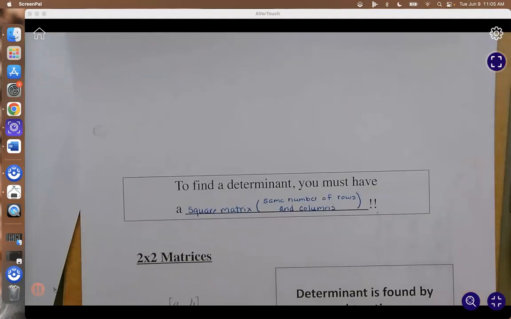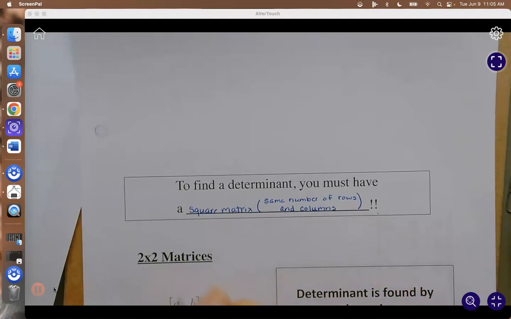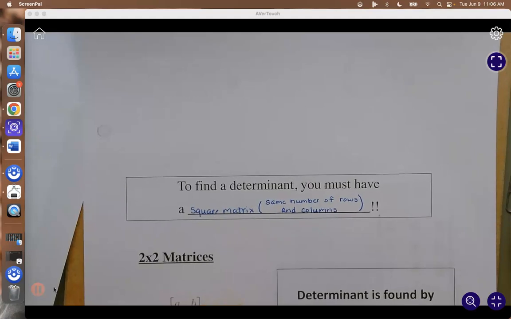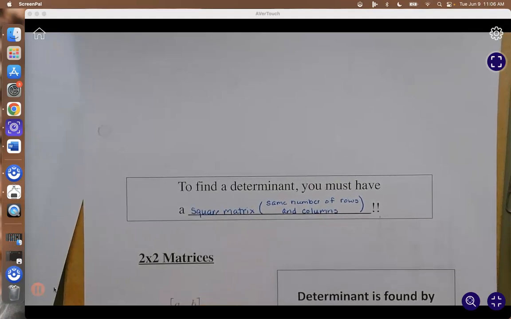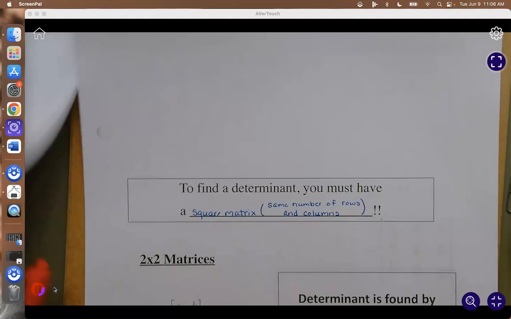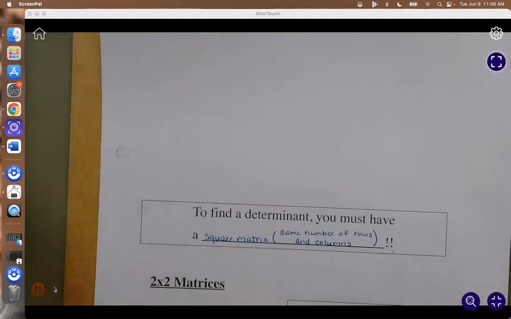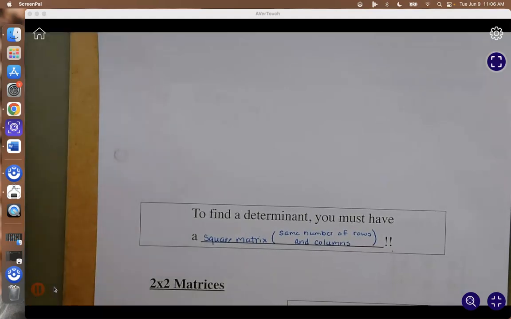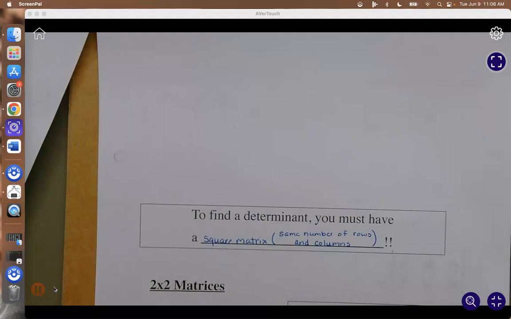So the determinant is found by subtracting AD minus CB. So what I'm saying is this. You've got to multiply this. And actually, let me do this. I'm going to change these colors.